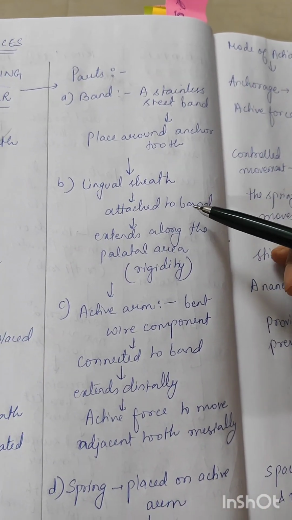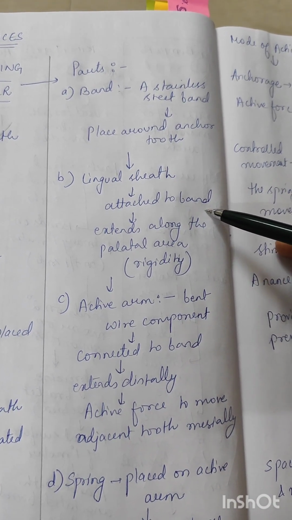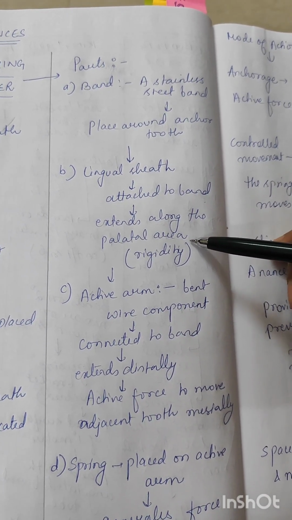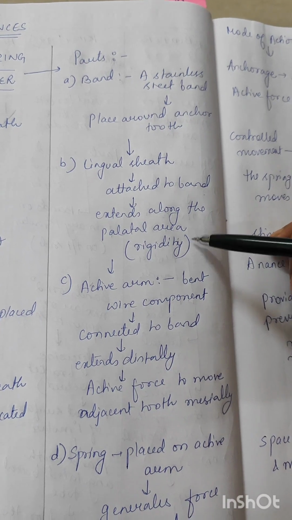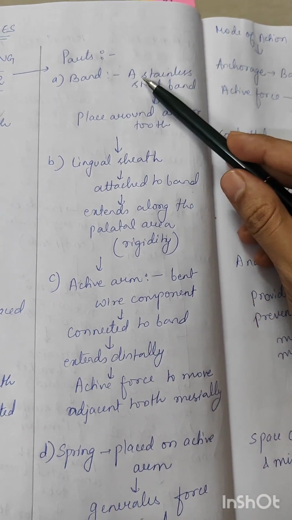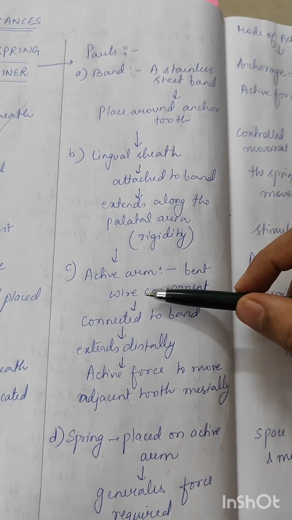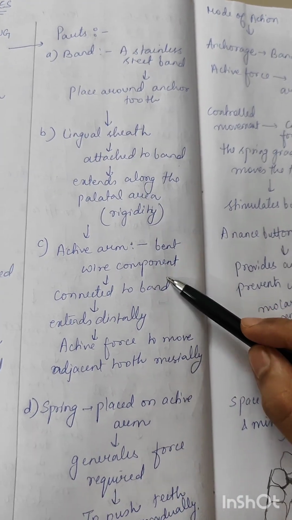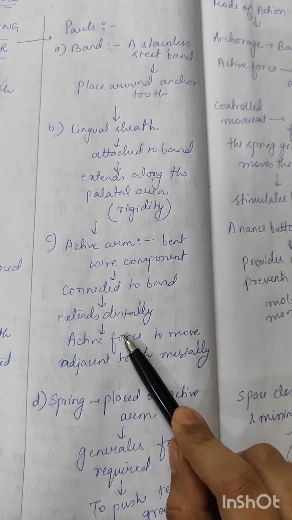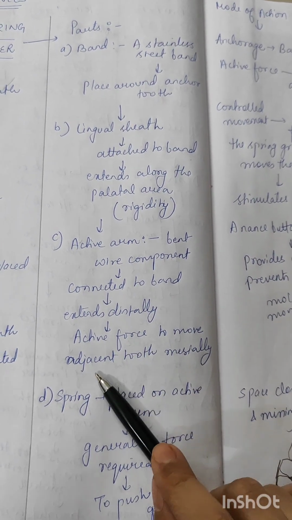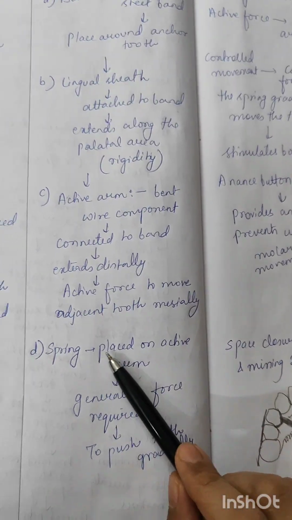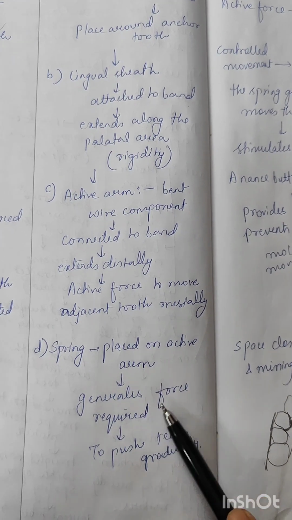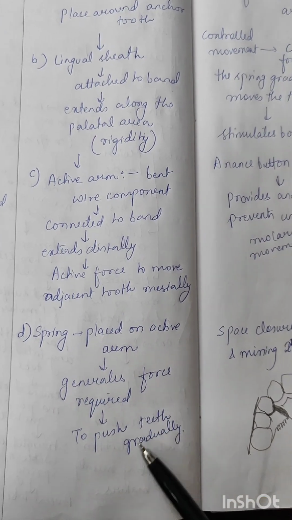It has a lingual sheath attached to the band, which extends along the palatal area and provides rigidity. It has an active arm, a bent wire component connected to the band, which extends distally to apply force to move the adjacent tooth mesially. A spring is placed on the active arm and generates the force required to push the tooth gradually.